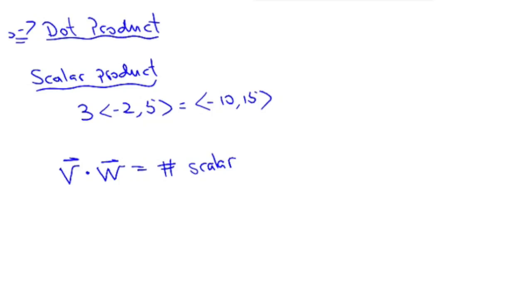So a v dot w does not give you a vector, but scalar multiplication keeps it as a vector. Does that keep those two straight and you'll be fine? The way we define it is if vector v is ab, and we dot that with vector w, which is cd, then the answer is going to be ac plus bd.